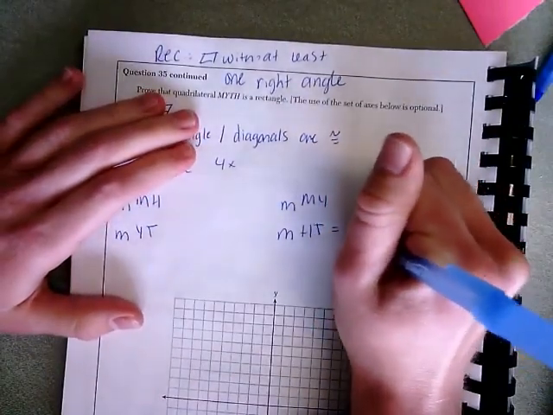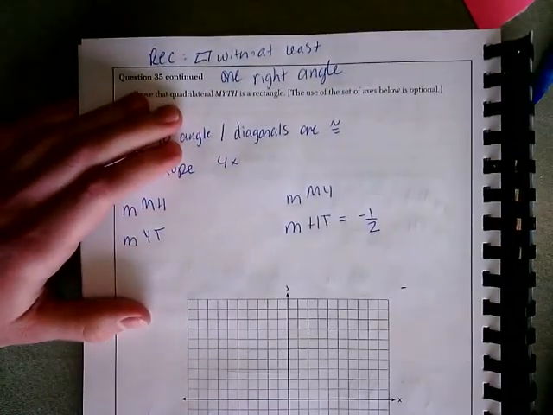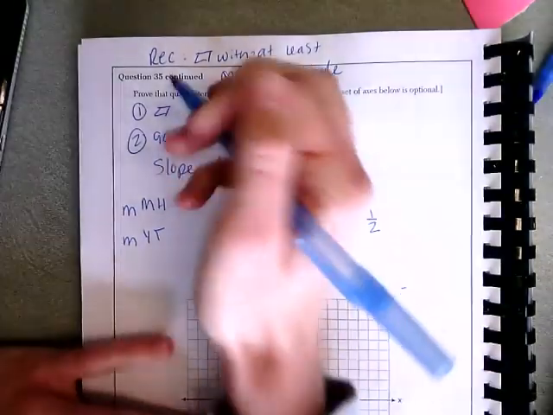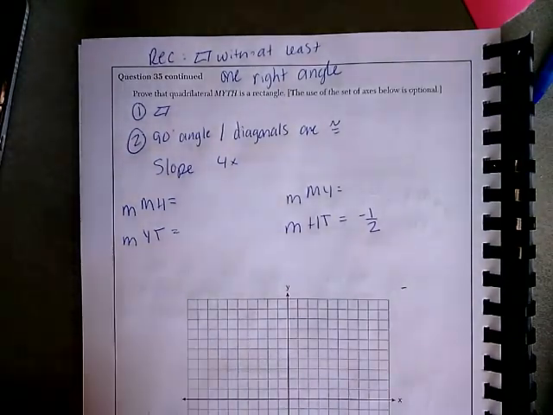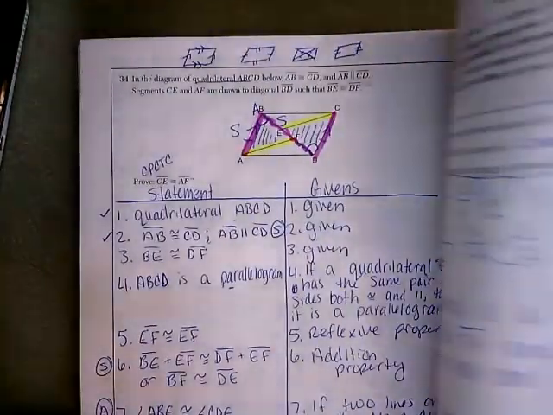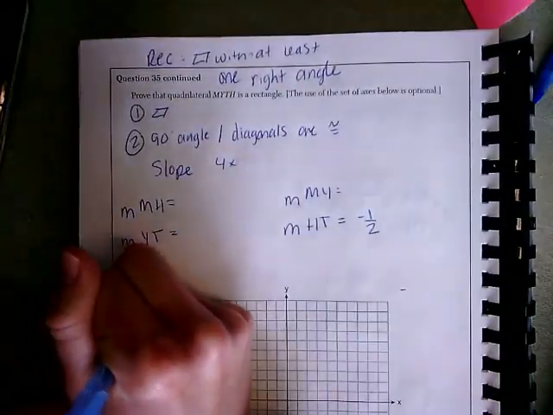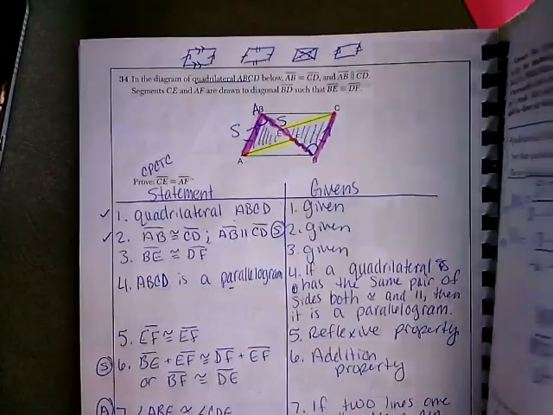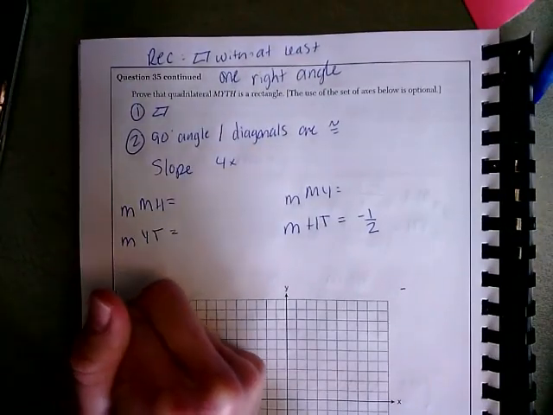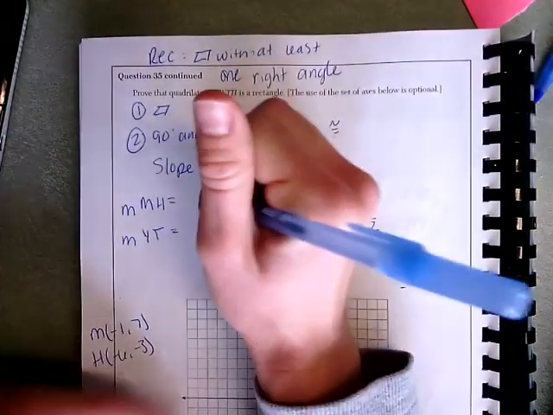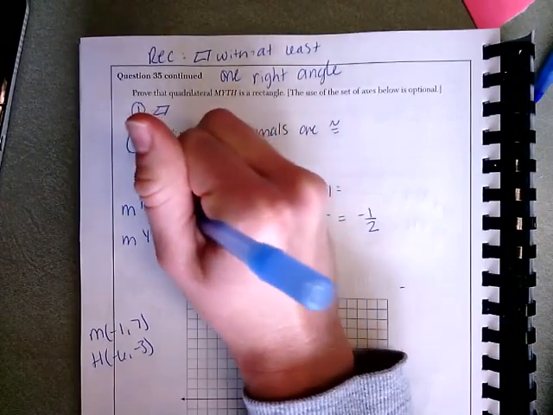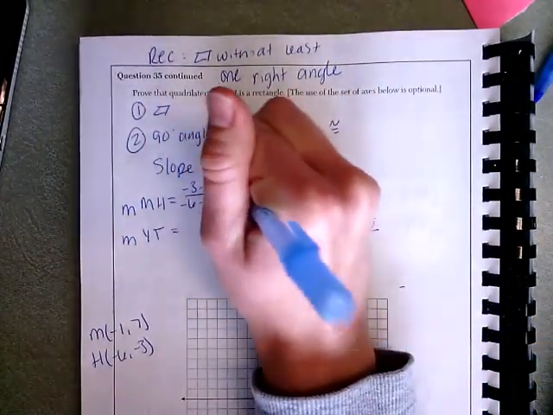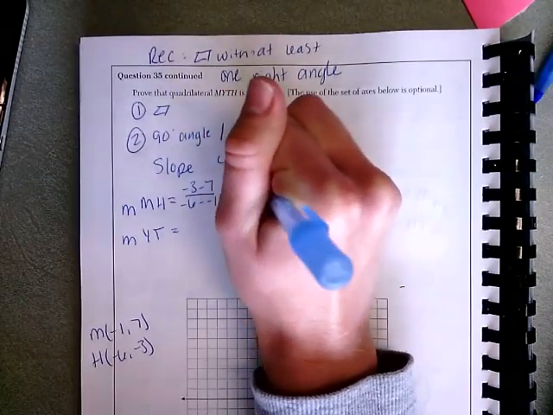So we did the slope of TH, which is -1/2. So probably don't have to do it again. But we should do the slopes of these 3 again. So MH, so the coordinates of M is (-1, 7), and H is (-6, -3). Now be careful of the coordinates, right? So the slope of MH is -3 minus 7 over -6 minus -1. So this is -10 over -5, which is 2.